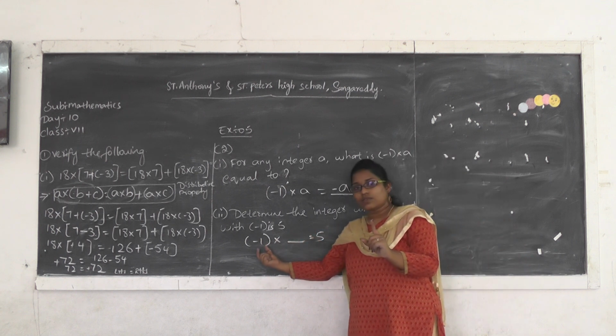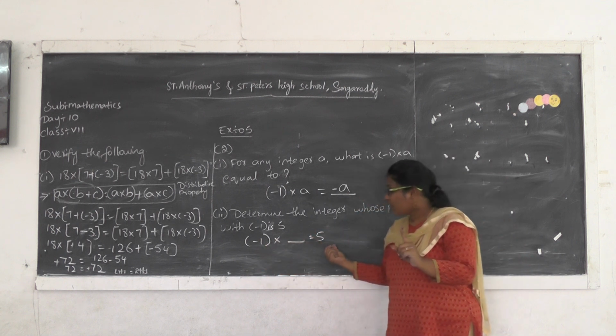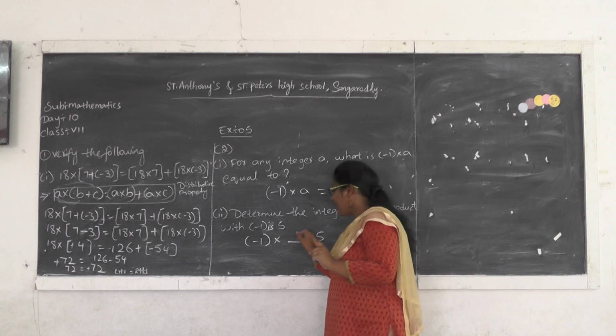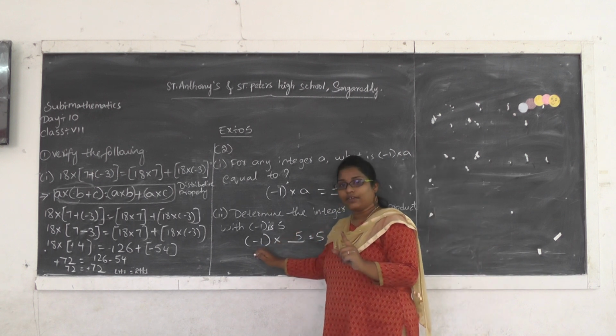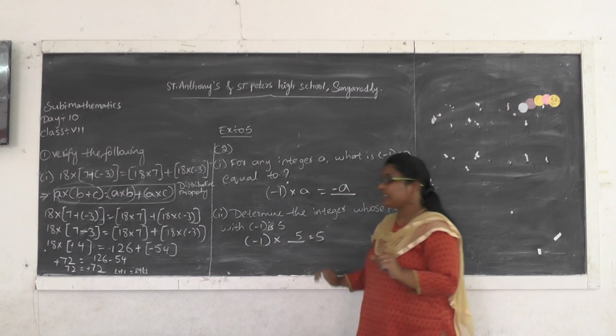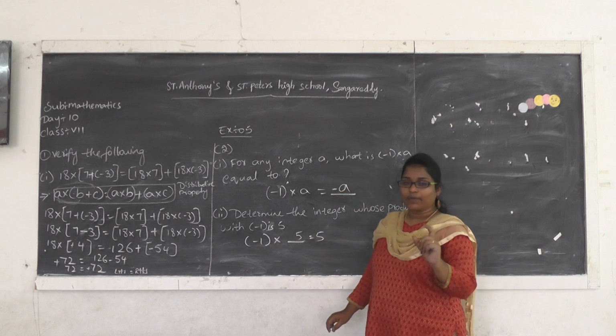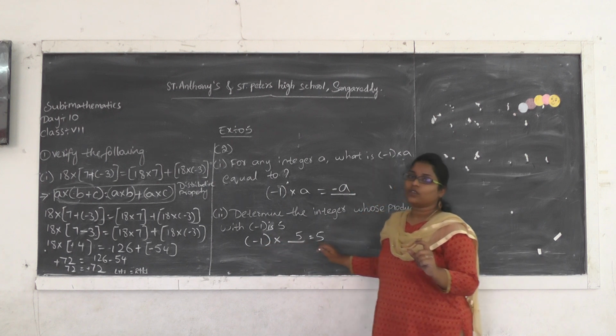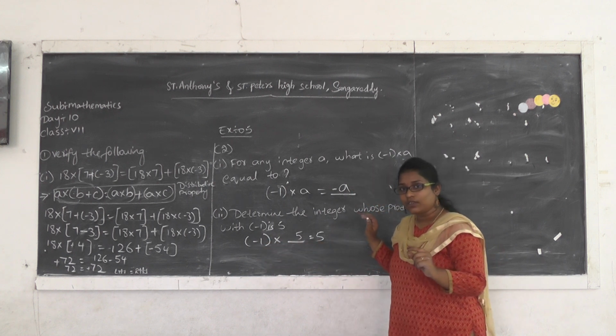That means if we multiply 5 with 1, the result is not going to be changed. Are you able to understand? Then the result is equal to 5.